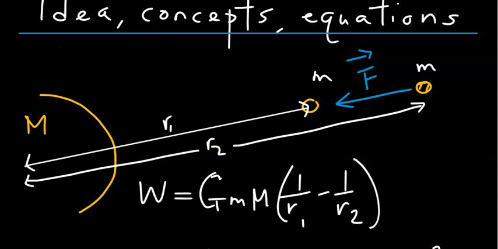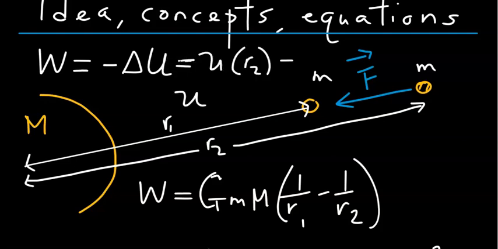But from our previous video, we know since gravitational force is a conservative force, the work done is related to minus the change in the potential energy. Minus the change in the potential energy is the potential energy at the initial point, namely that point, minus the potential energy at the final point, which is that point.